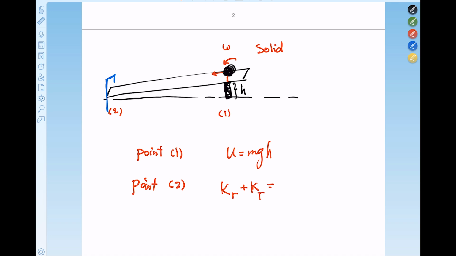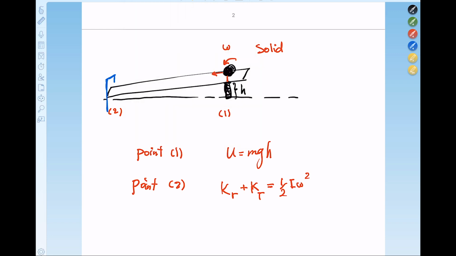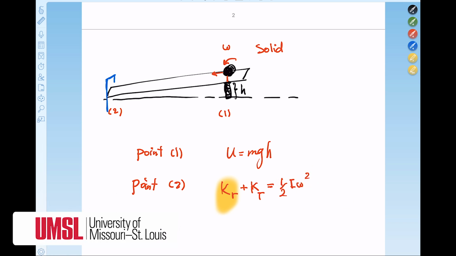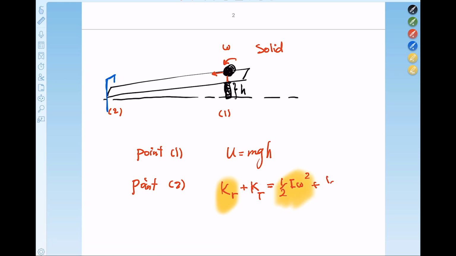So in other words, we have half I omega squared, plus half mv squared, and that v is linear velocity.